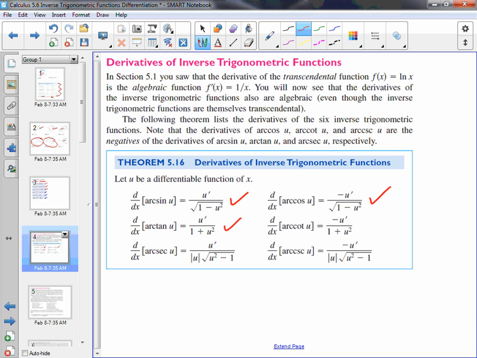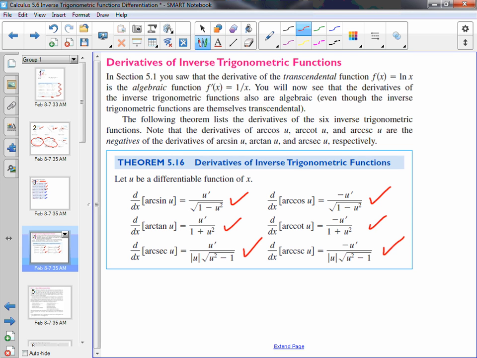The derivatives of arc tangent and arc cotangent are the exact same thing, but arc cotangent has a negative in front. The derivatives of arc secant and arc cosecant are the exact same horrible looking, ugly thing, with the exception that arc cosecant has a negative in front.